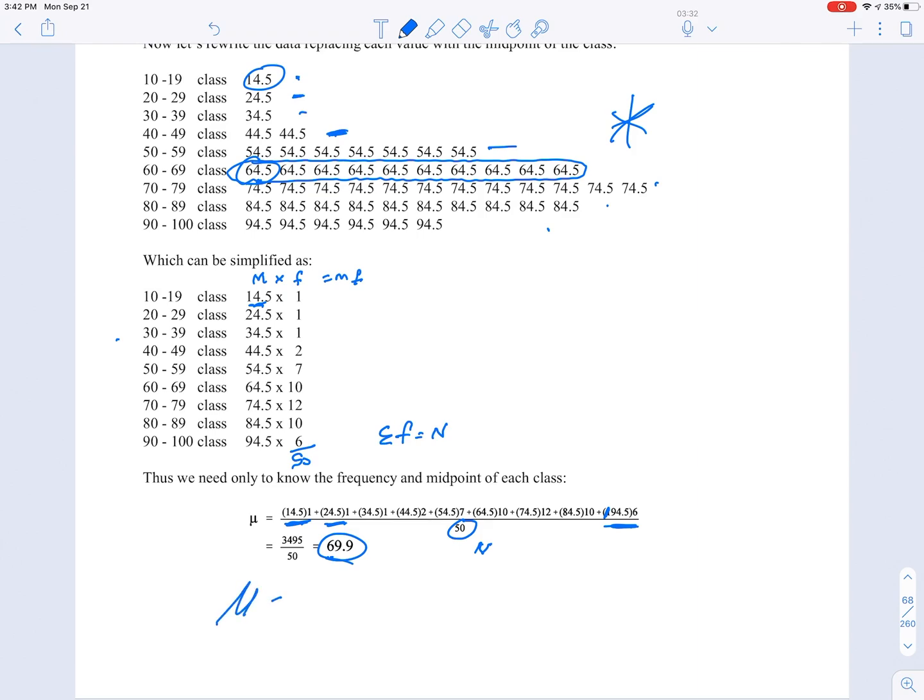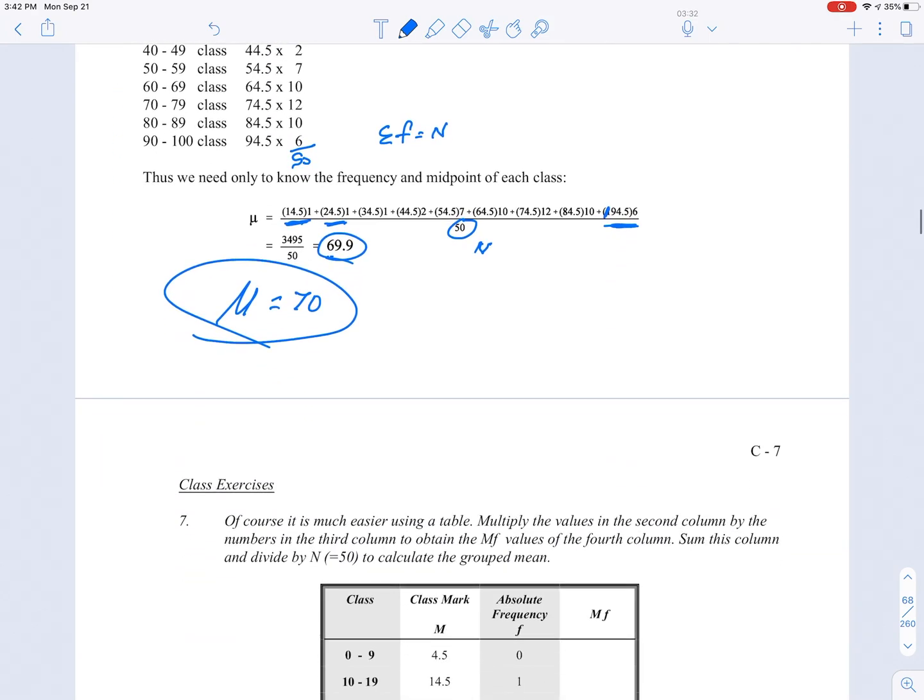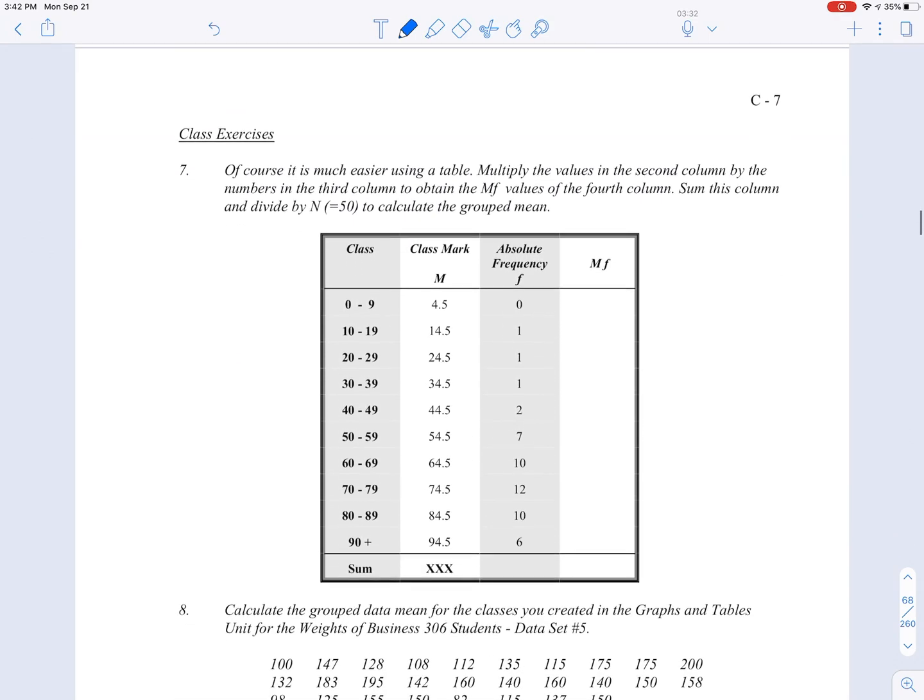When we did this back a few pages, the ungrouped mean, when we actually had all of the numbers together, came to 70. They're almost identical, even though we've changed all of these to midpoints. That's because some will be high, some will be low, but they'll tend to average out.